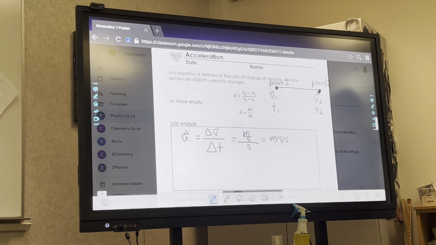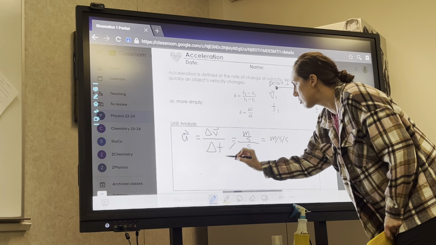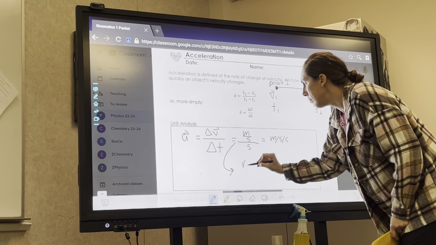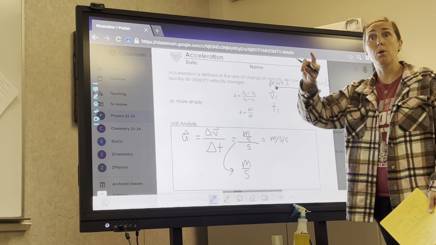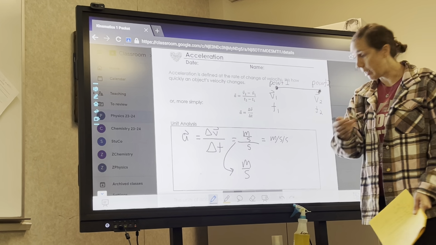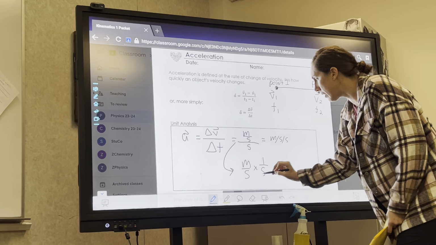So what we can do based on math properties is take meters per second, and if you divide it by seconds, you can actually multiply it by the reciprocal, correct? So I'm going to multiply it by the reciprocal, which is 1 over seconds.